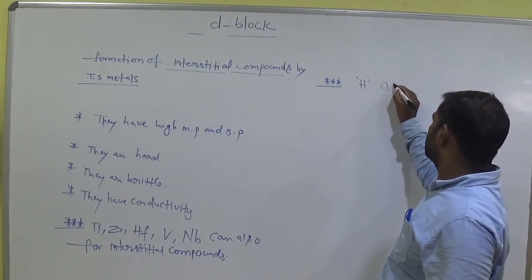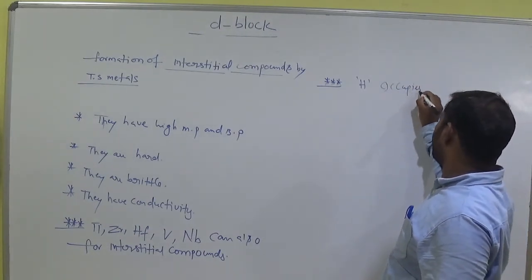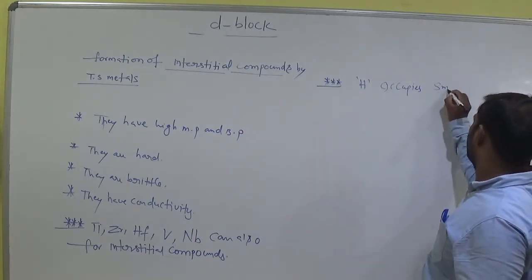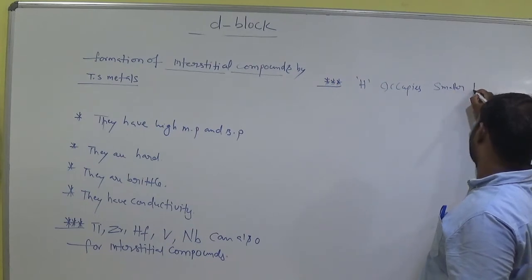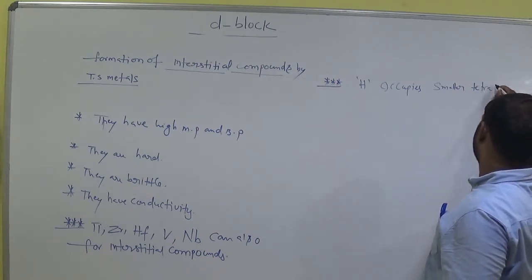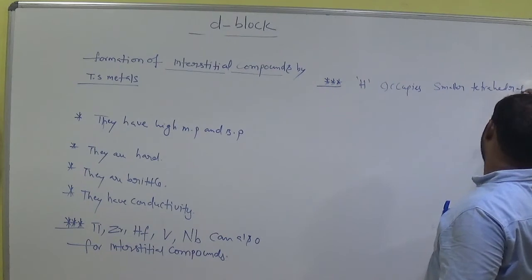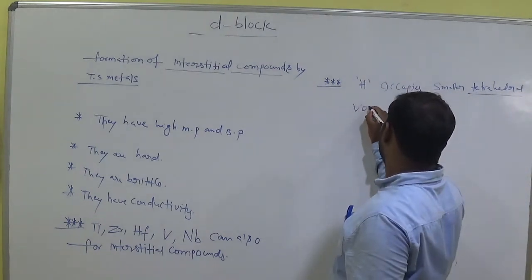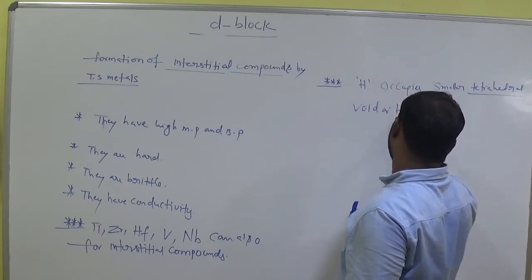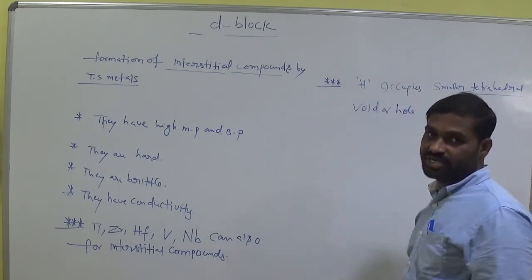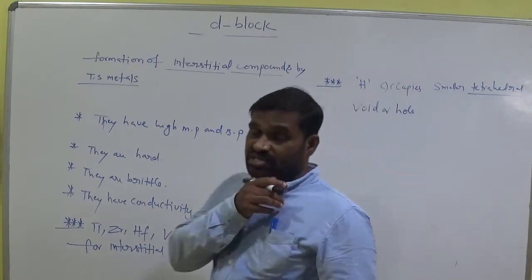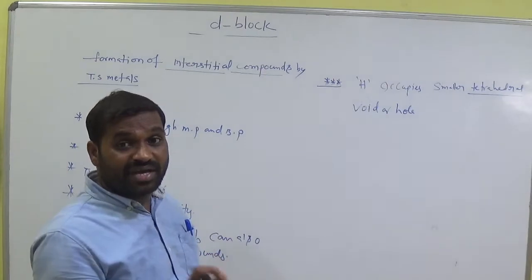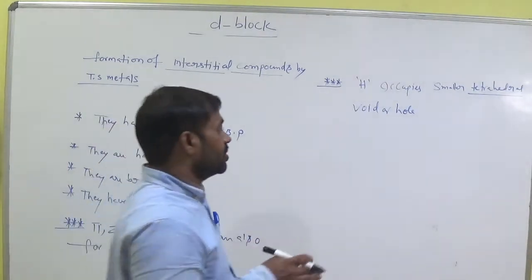Hydrogen occupies, very very important one, hydrogen occupies the smaller tetrahedral void or hole or interstitial site. Suppose hydrogen is added in transition metal crystals, it occupies the tetrahedral hole.